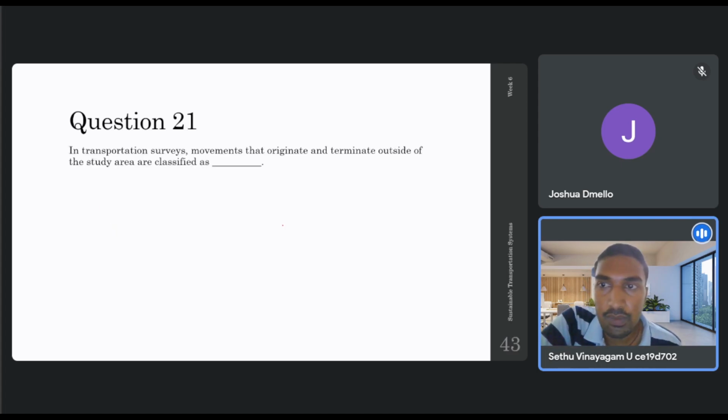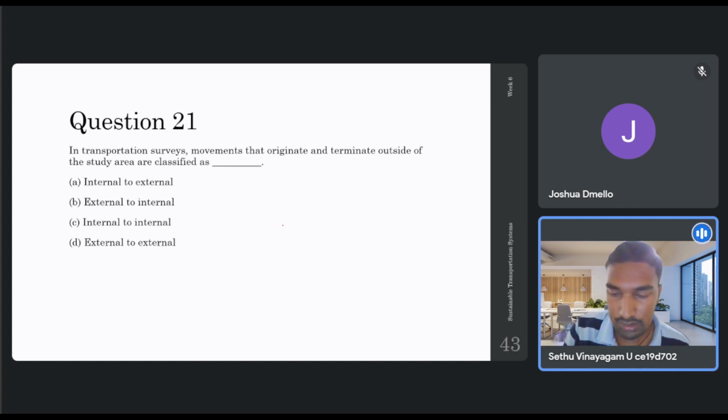Okay, question number 21 is, in transportation surveys, movements that originate and terminate outside of the study area are classified as dash. The options are: option A, internal to external; option B, external to internal; option C, internal to internal; and option D, external to external.